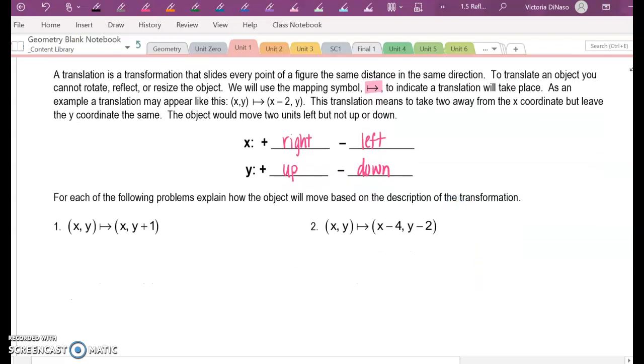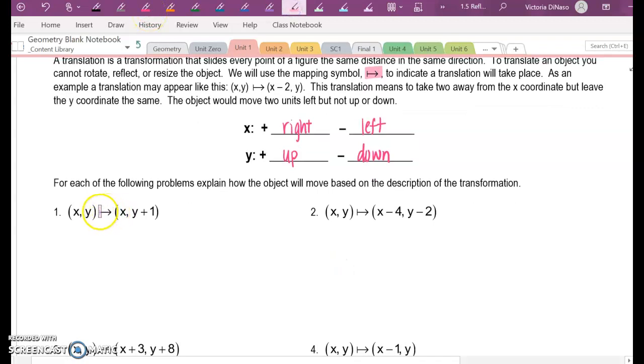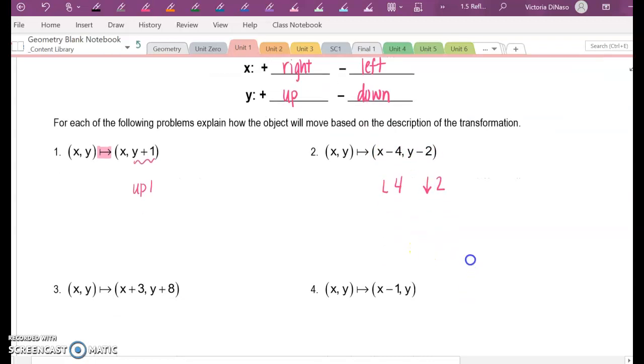So in here, we're just going to describe the transformation taking place. For number 1, it looks like the only thing that we're doing is y plus 1, which means that we're going up 1. In this one, we're moving 2 directions. So this x minus 4 means I'm moving left 4, and then y minus 2 means that we're moving down 2.